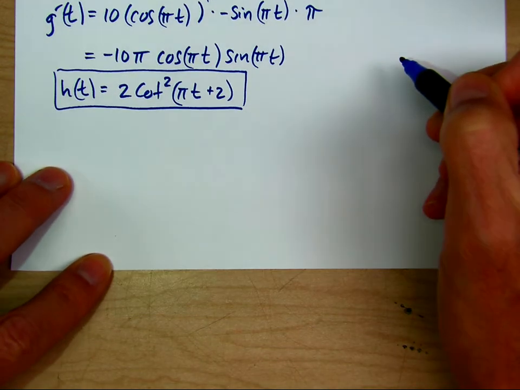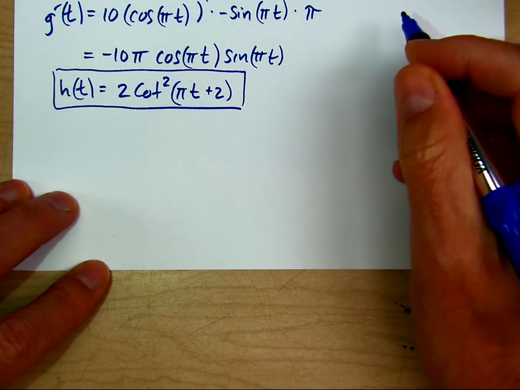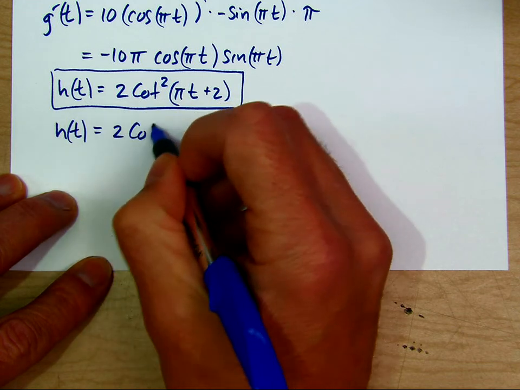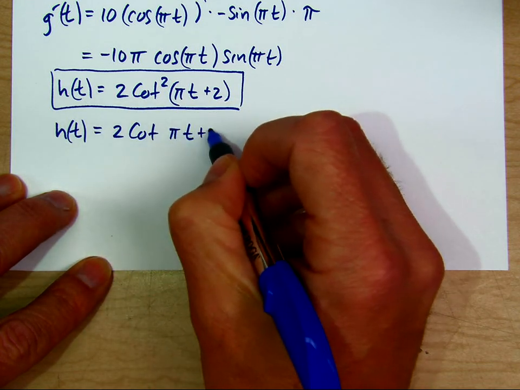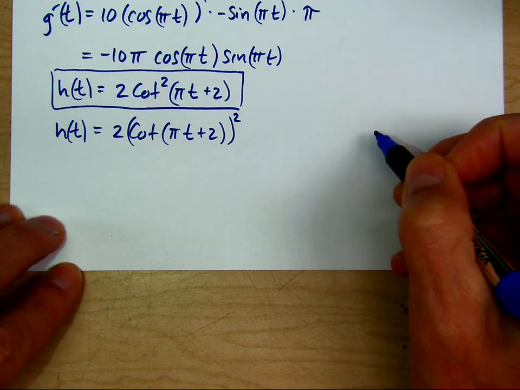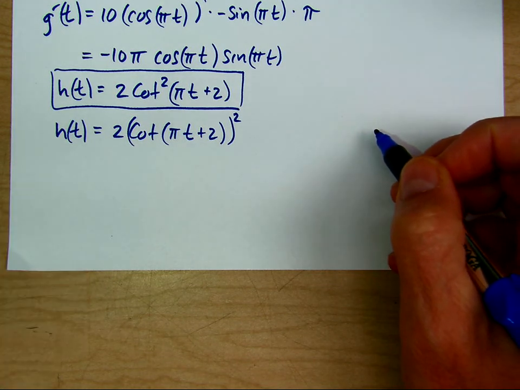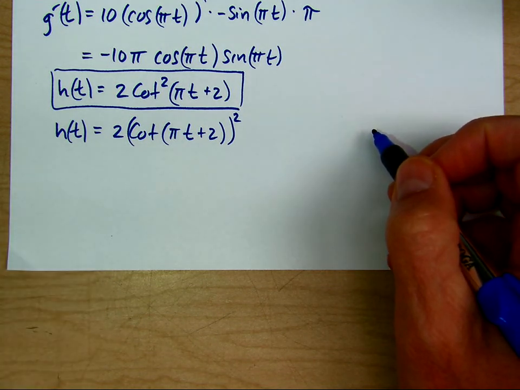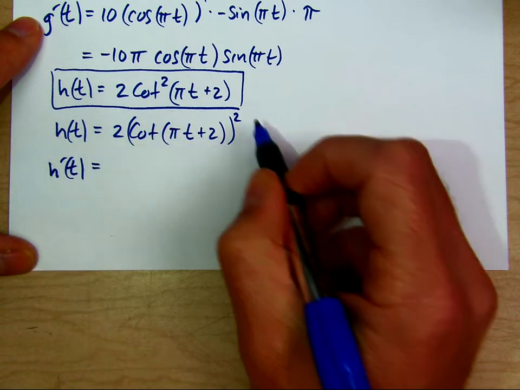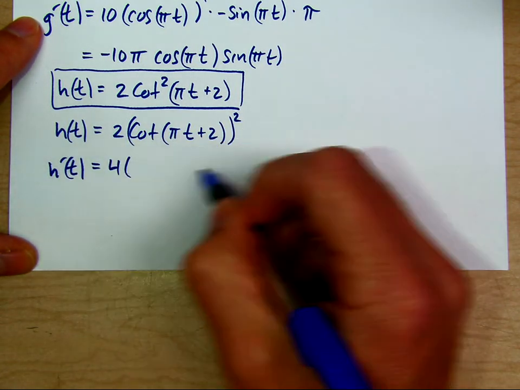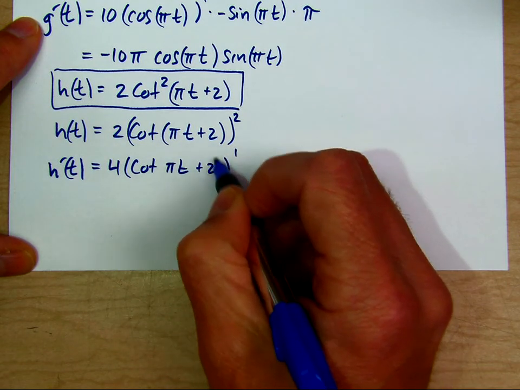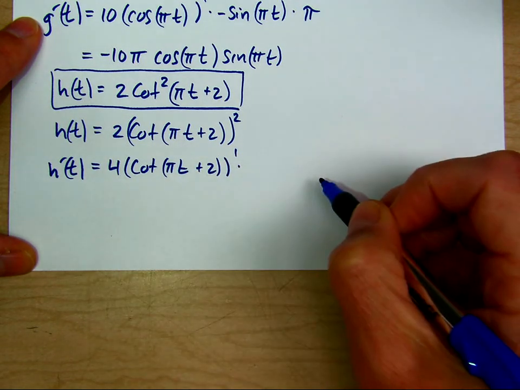Pause the video and try that one. We can see that that 2 is the outside. So we do the derivative of the outside, leaving the inside the same, times the derivative of the inside.